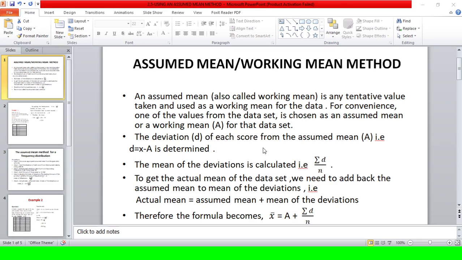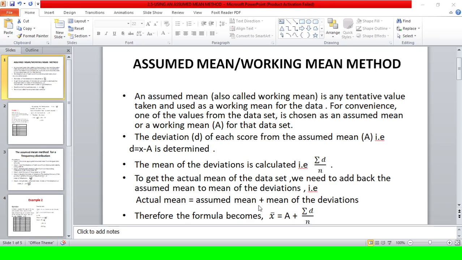The deviation of each score from the assumed mean A, that is, D is equal to x minus A, is calculated for each score in the data set. The mean of the deviations is calculated, that is, the summation of all deviations of that data set divided by the number of scores in that data set, that is sigma D over N. To get the actual mean of the data set, we need to add back the assumed mean to the mean of the deviations.